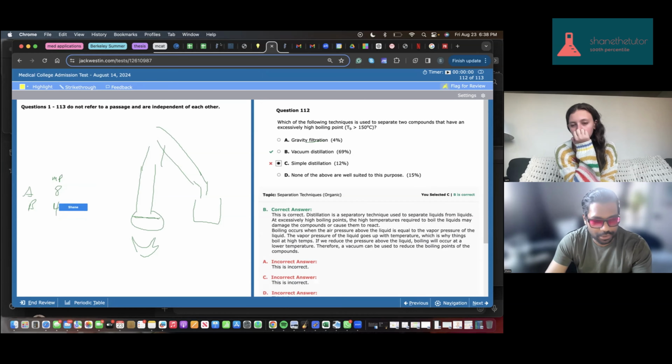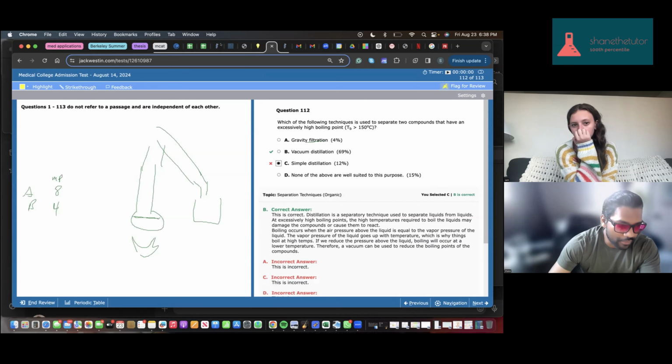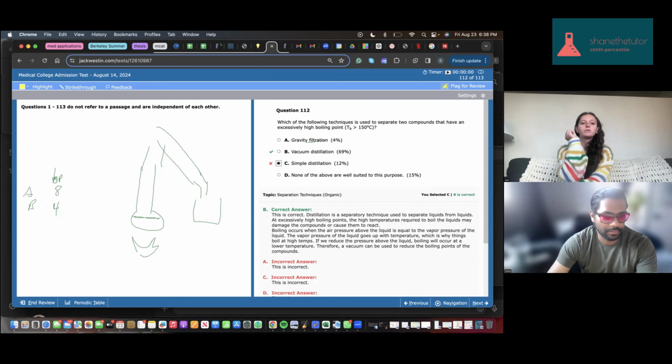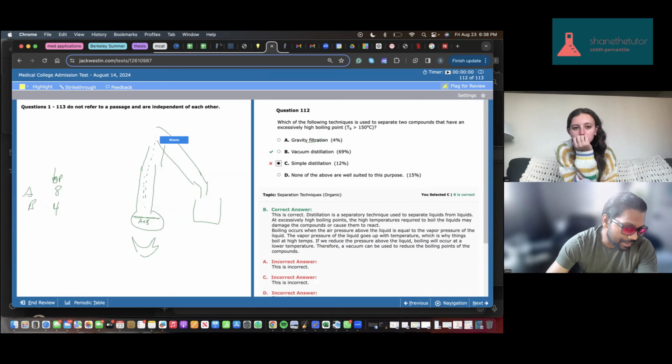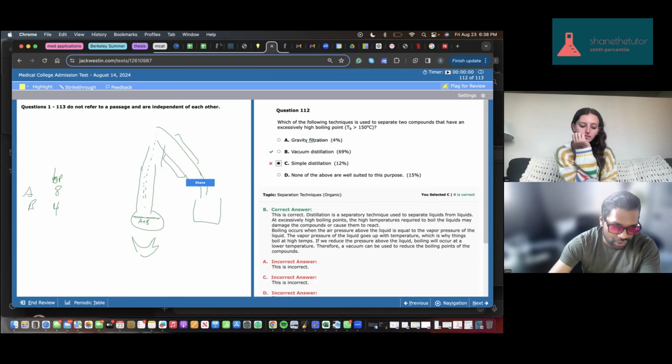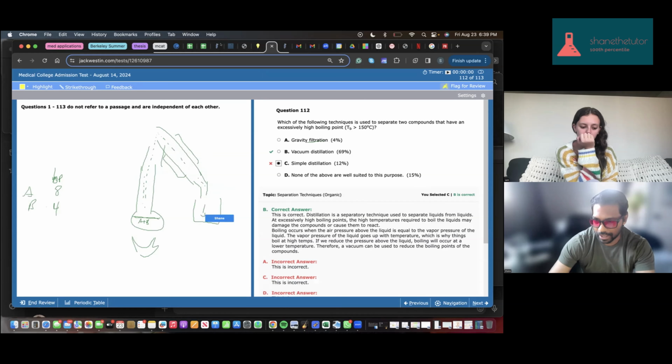Doesn't matter the units, I'm just putting it out there. So which would boil first? The one with the lower boiling point? Yep. So if this is A plus B, B would boil and come up here, and then this is some cooling condensation region where we condense it back into the liquid form, and then we can collect it in this little bucket.